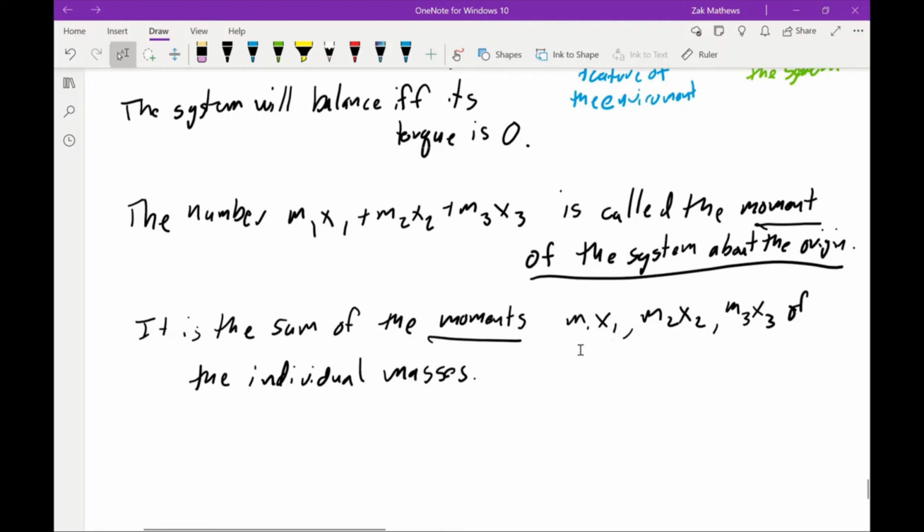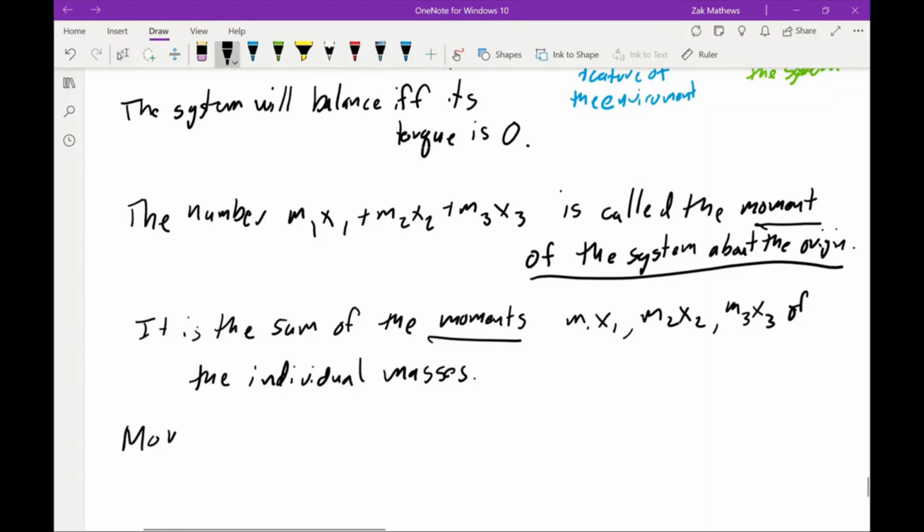We're now looking at not only two kids sitting an equidistant amount from the fulcrum, but what if they're sitting at different positions along that seesaw as well? Each little mass has its own moment.